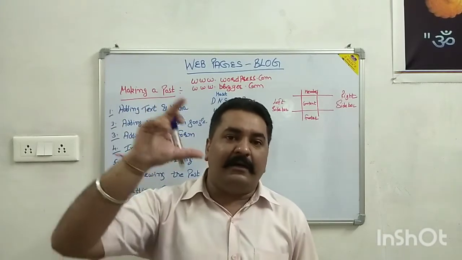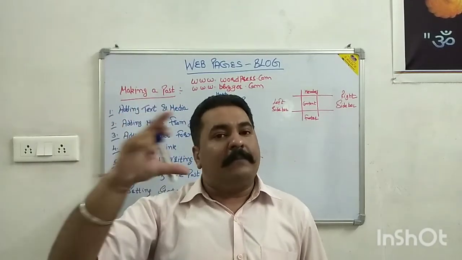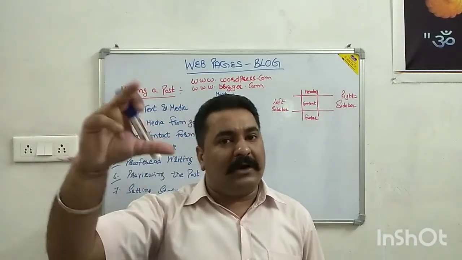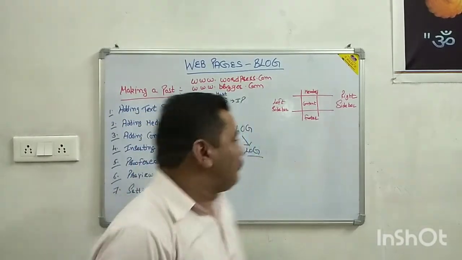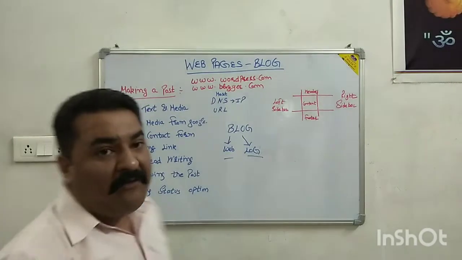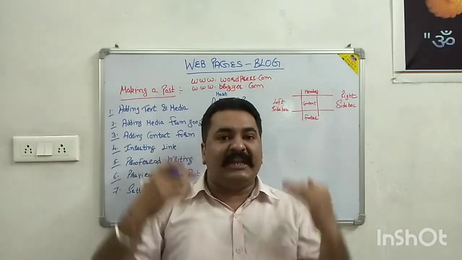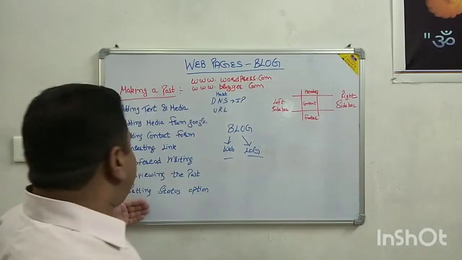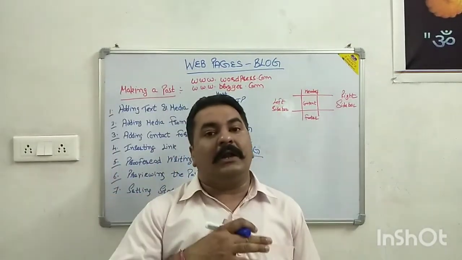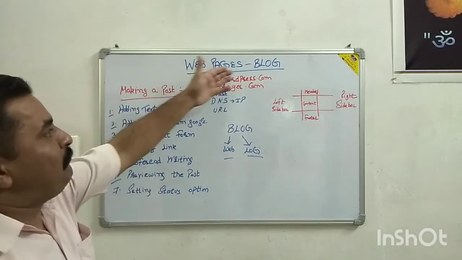So we can do that from the settings. Then there are options of font, color, and theme. All these options can be used by using the setting status option in the blogger for creating web page blogs.